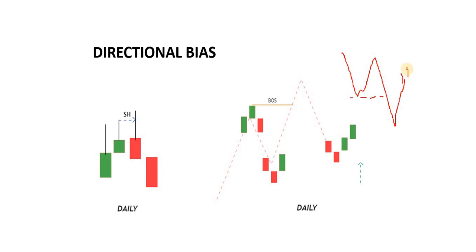Alright, let's say these are the candles. First and third candle. Okay, we have a break of a swing low here, so we should be looking for the formation of a swing high.